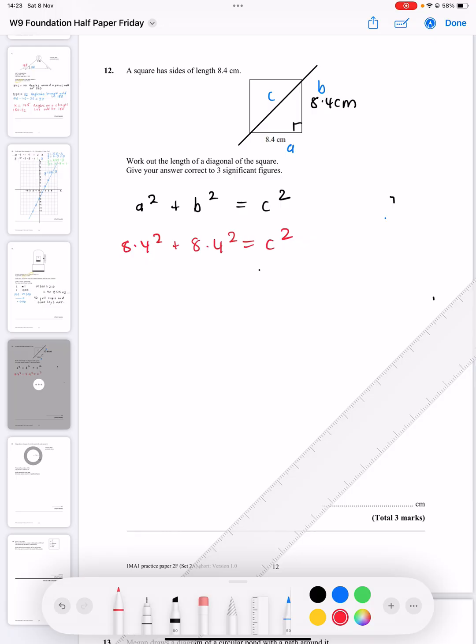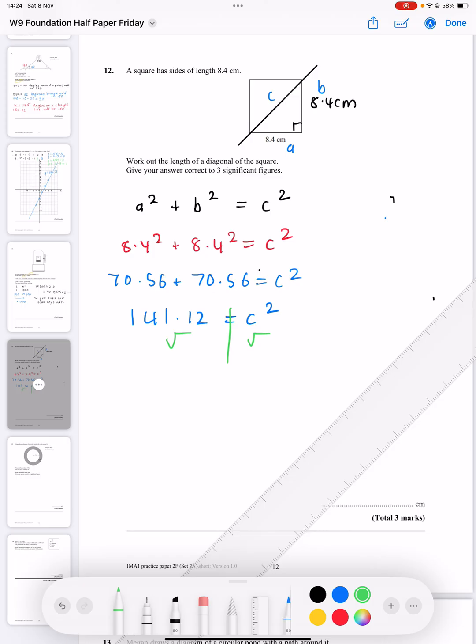And then I can use my calculator to work out what 8.4 squared is. 70.56 add 70.56 equals c squared. Gives me 141.12. And I'm going to solve that equation by square rooting both sides to find the value of the diagonal, or the length of it.